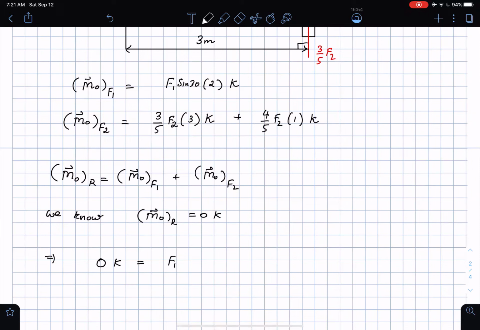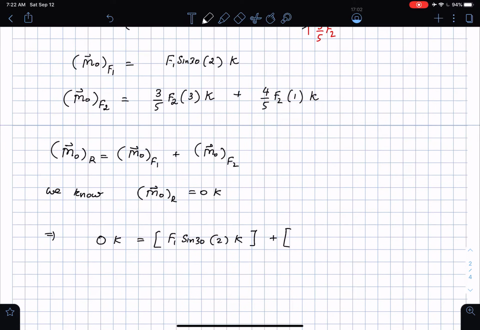Let me write this as F1 sine 30 times 2K. This is the moment due to F1. Moment due to F2, there are two components, both of them contributing. For the moment due to the force F1, this was F1 cosine 30 times 0 in the K direction. The second component was not contributing in any way.